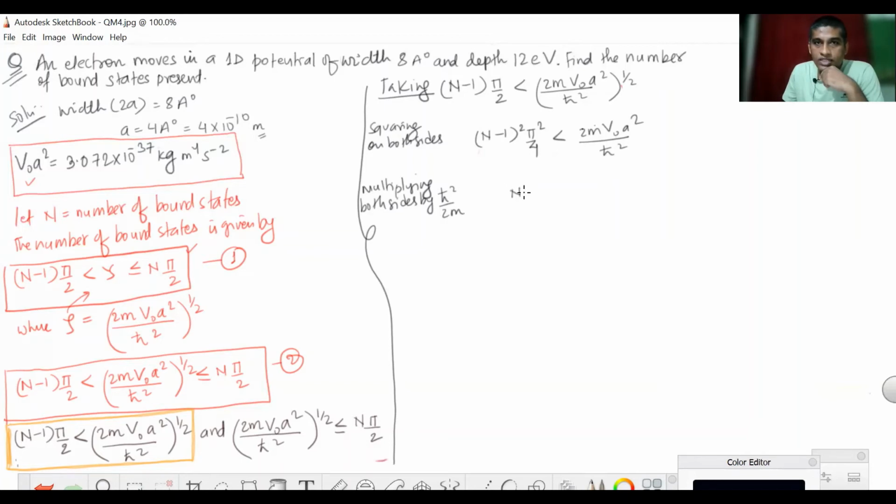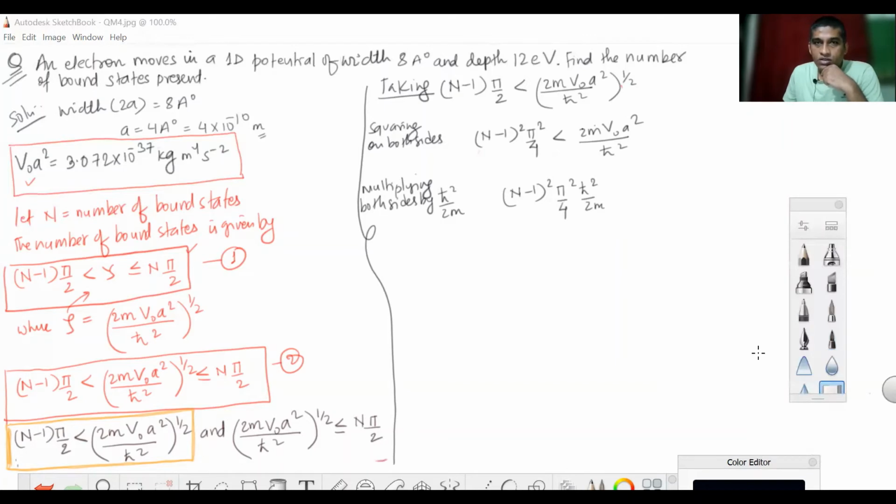So I'm writing (n minus 1) whole square pi square h bar square by twice m, and we have 4. And finally, on simplification, we can write this as 8m.